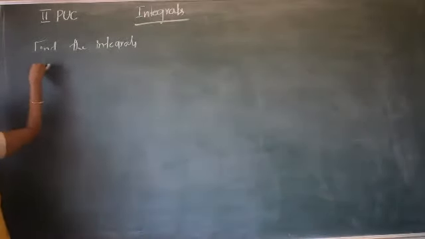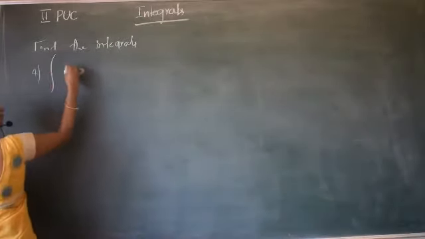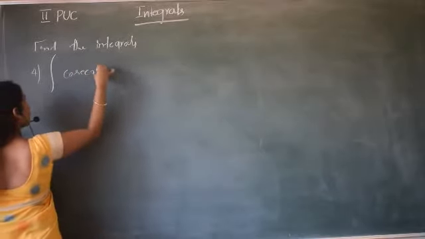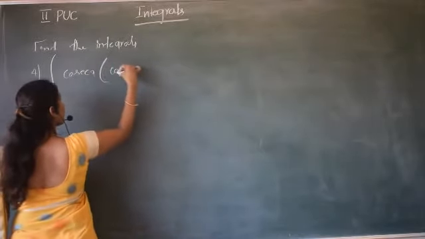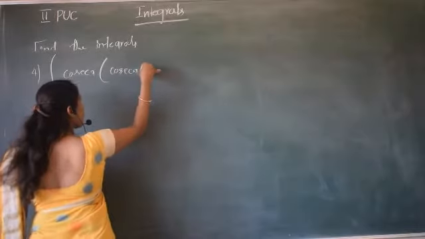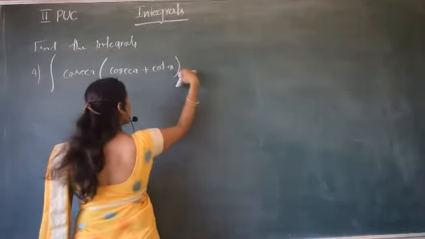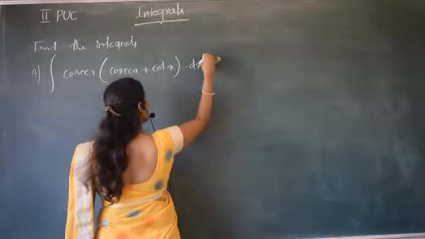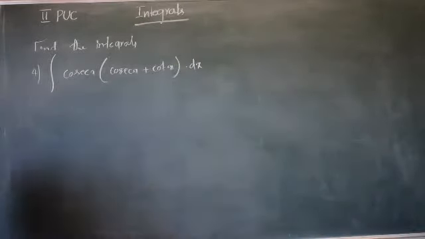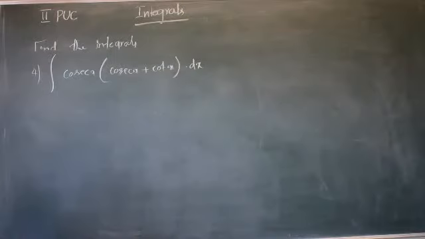What is the integral value of cosec x into cosec x plus cot x?